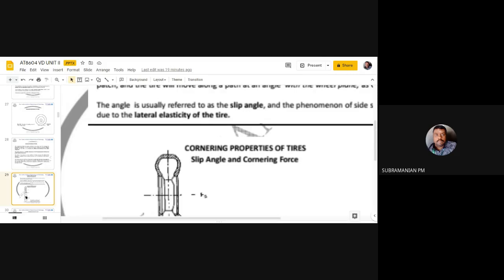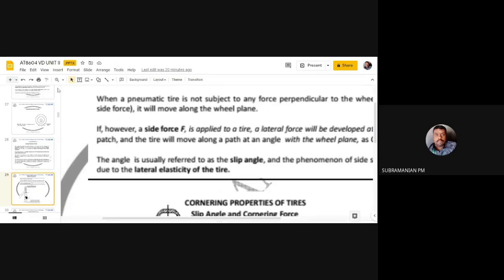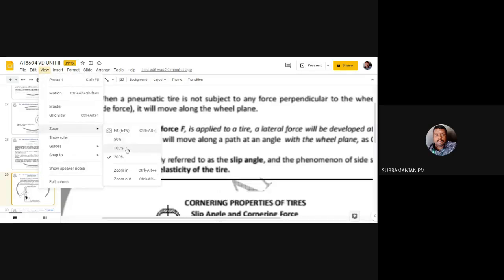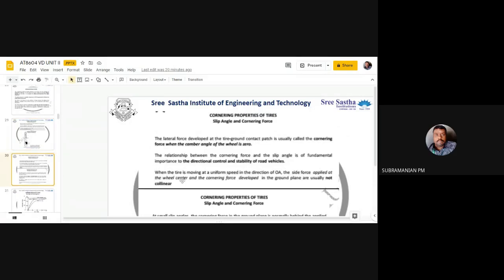That is, if we get any question, lateral elasticity of the tire. Now we'll be discussing this.